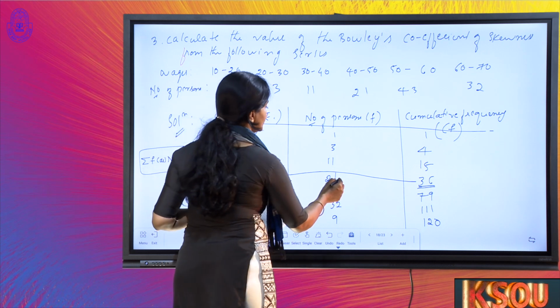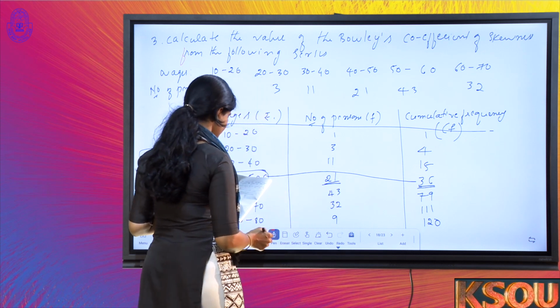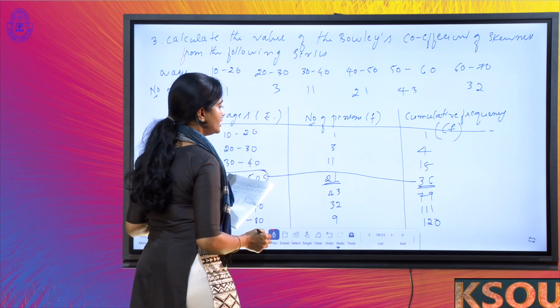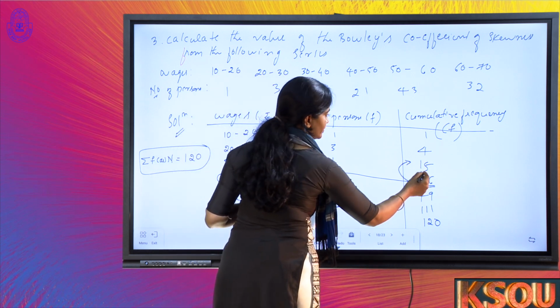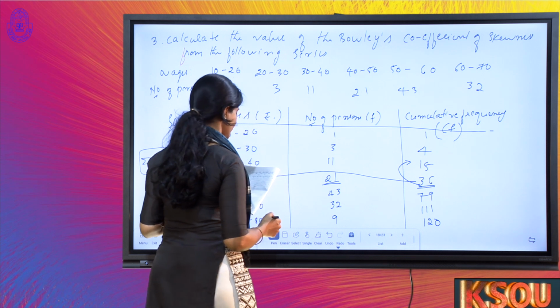Okay. Then the f1 value is 21 and the m1 value is the preceding cumulative frequency, that is 15.